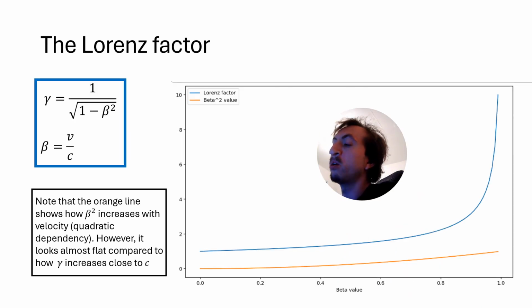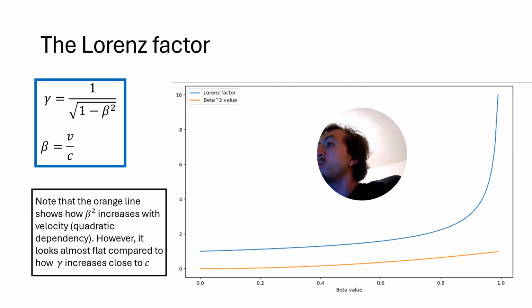So here I've got a couple of curves. I've got the Lorentz factor as my blue curve, and I've also plotted essentially beta squared as my orange curve.